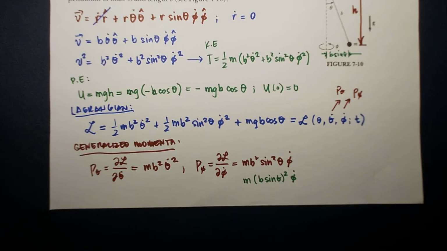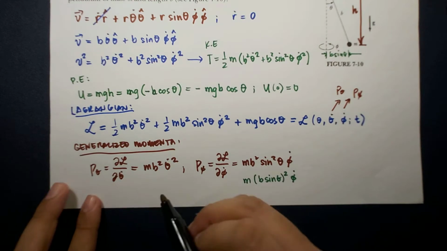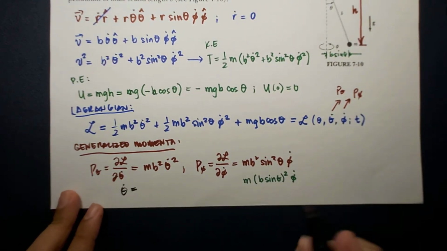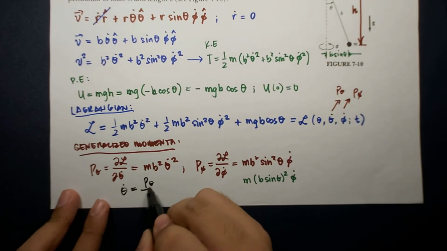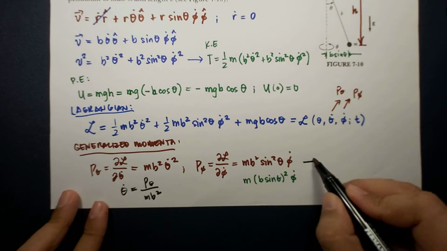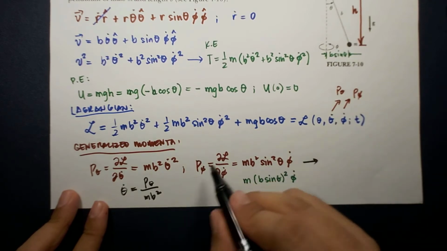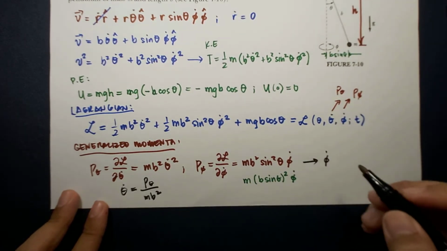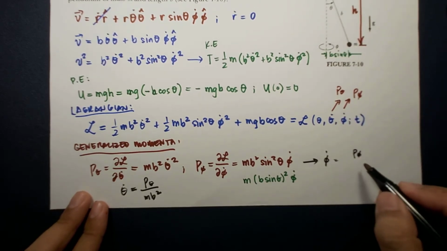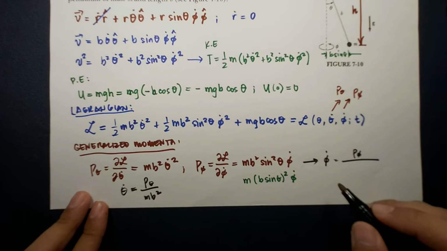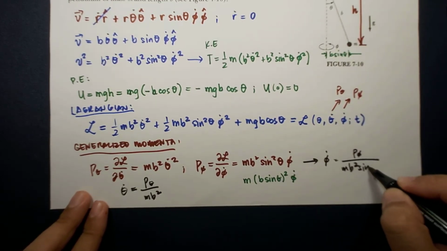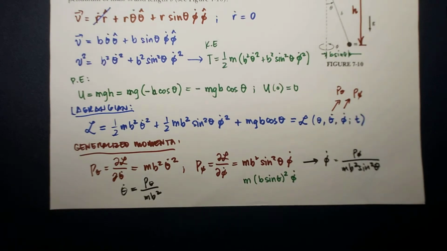Now, p theta will give us theta dot, which is equal to p theta over m b squared, whereas p phi will give us phi dot equals p phi divided by m b squared sine squared theta.